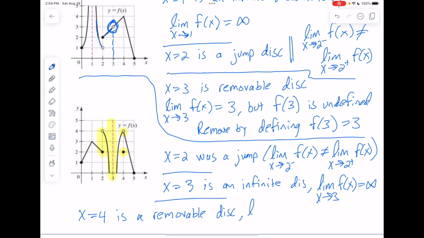And that's because the limit as x approaches 4 of the function is 4, but f of 4 is 2.